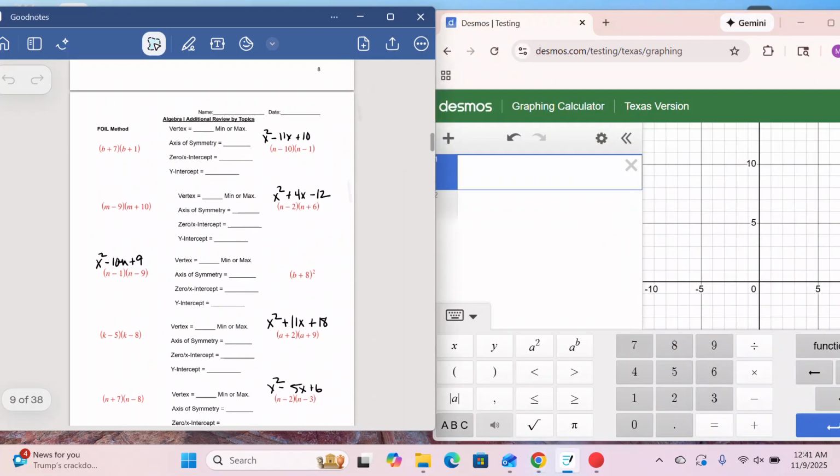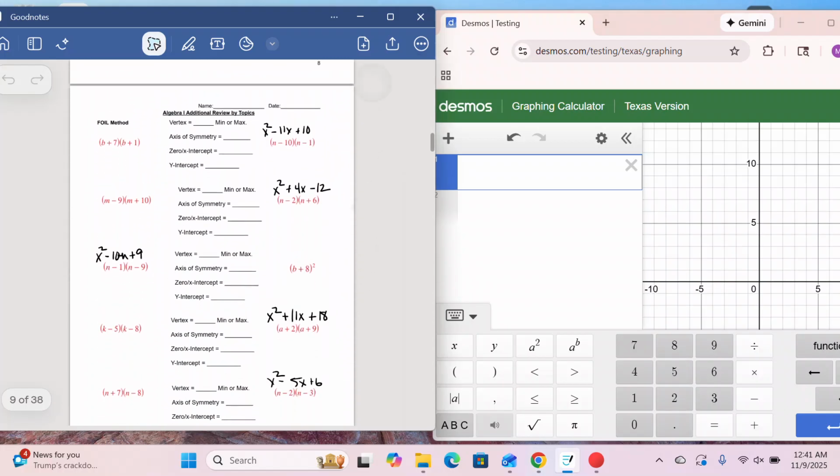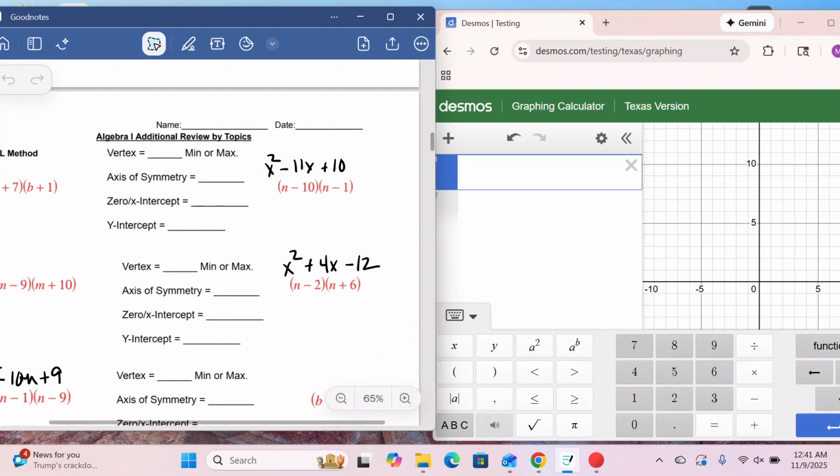As we've done before with the FOIL method, all I did was transition the answers to the FOIL method into questions being posed to our class.